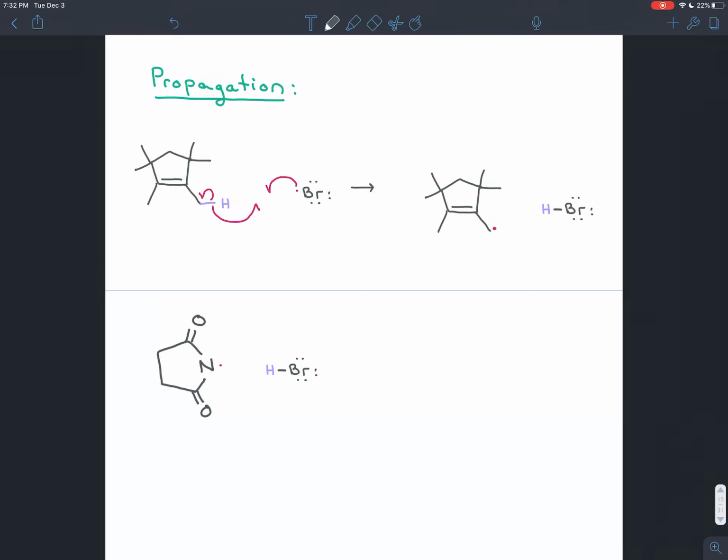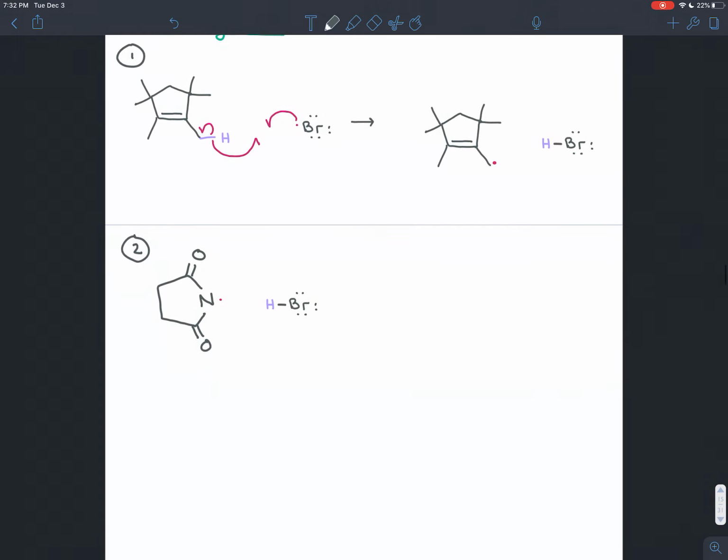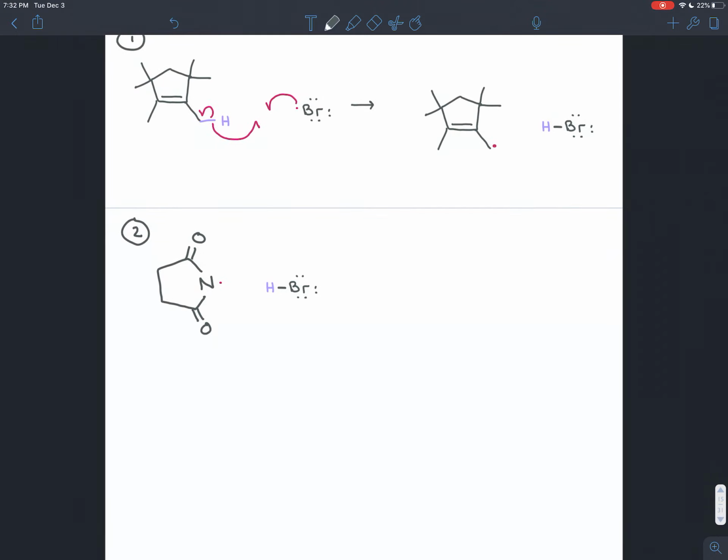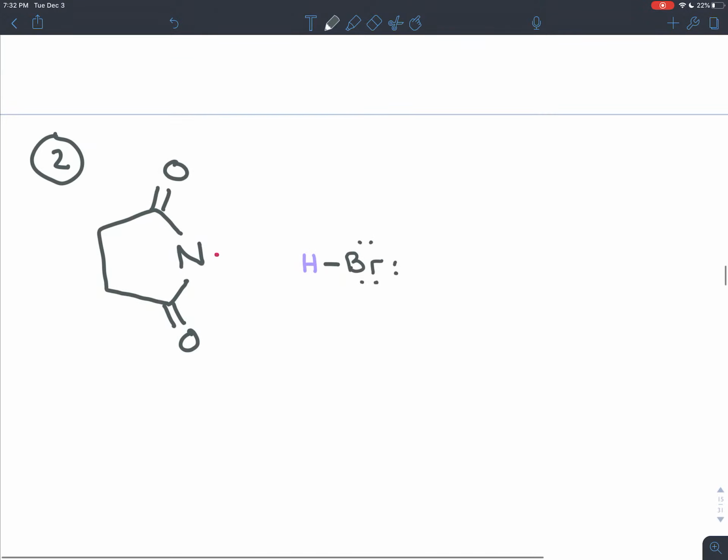So in these reactions with NBS, you'll not just have one, but you'll have two propagation steps. So in this step, the succinimide radical is going to rip a hydrogen off of the bromine. So it uses its one electron to form a bond to the hydrogen. It steals one electron from the hydrogen, and the other electron in that bond snaps back onto the bromine.